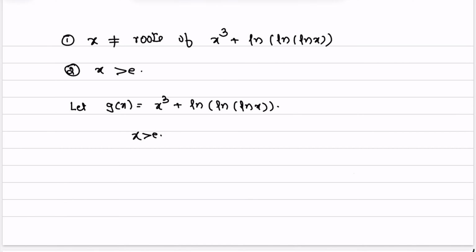If x is tending to infinity, what happens? When x tends to infinity, g(x) is equal to infinity cube plus ln of ln infinity.